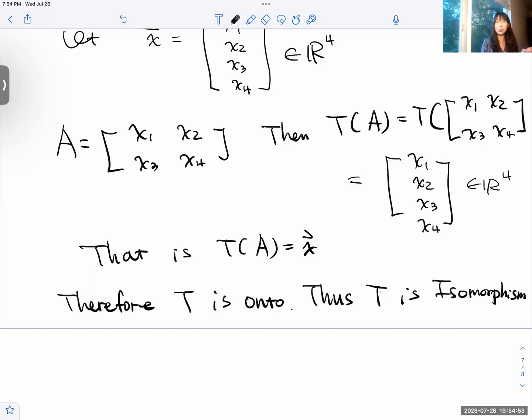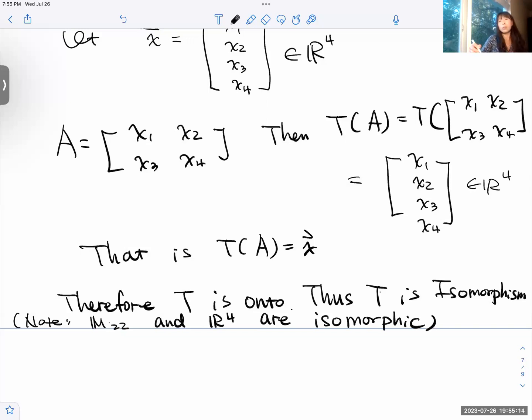And the 2 by 2 matrices and R4 are isomorphic. Okay. All right. Any question?